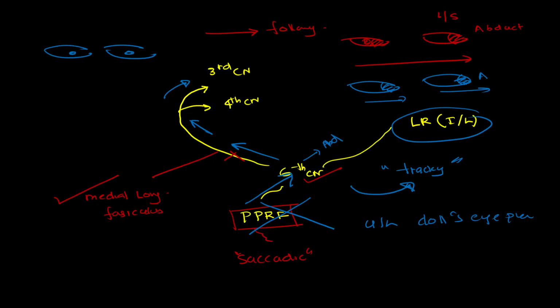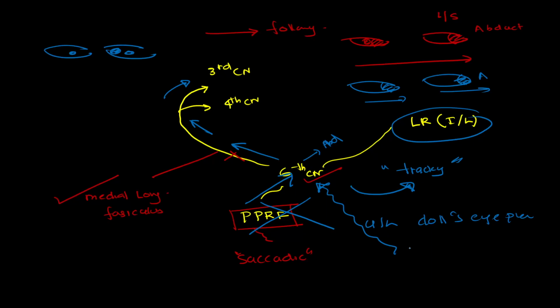But if there's a sixth cranial nerve palsy, of course, there is a possibility the eye will pass on to the medial aspect. Now, this is not evident. Of course, it's very hard to differentiate a sixth cranial nerve palsy from a PPRF lesion.